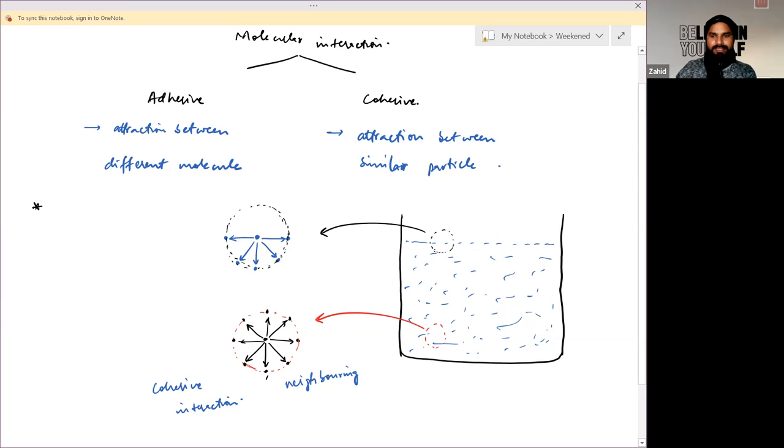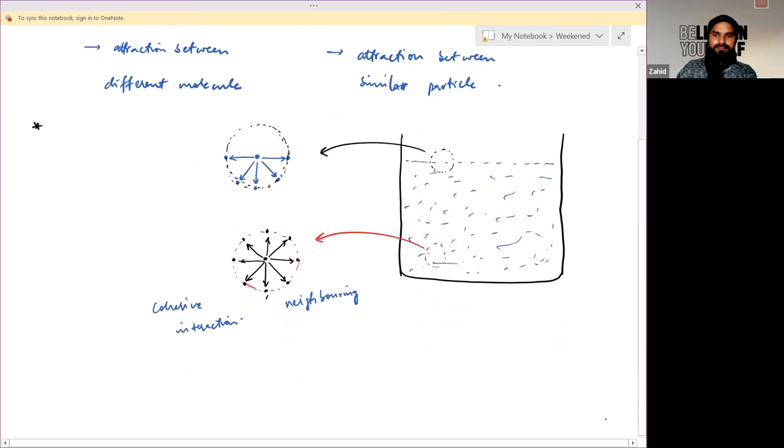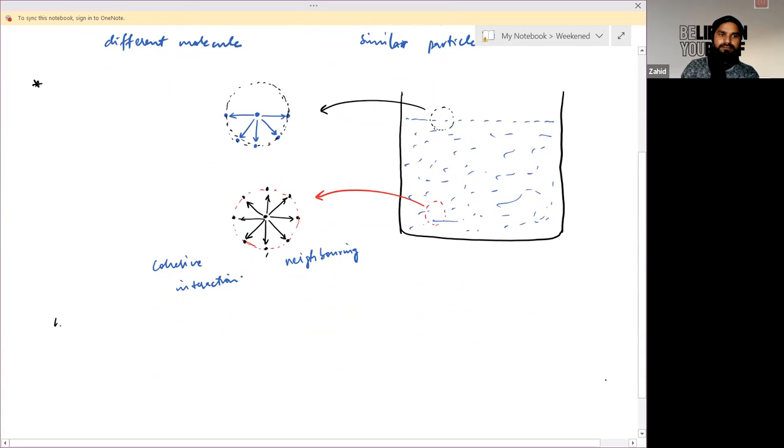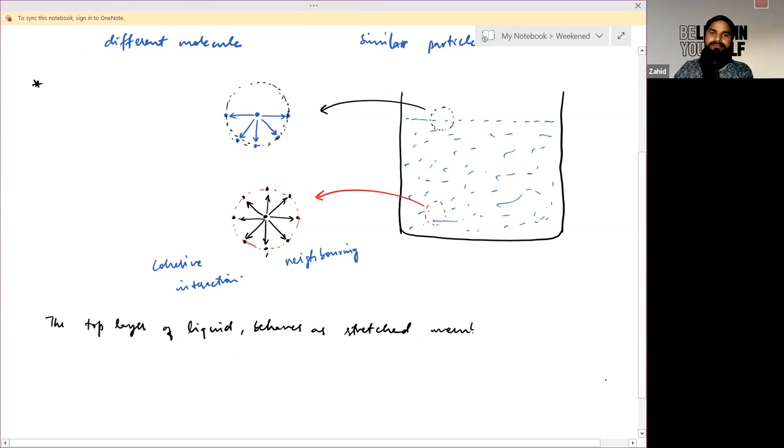So we can define it like this: the top layer of liquid behaves as a stretched membrane due to molecular interaction.